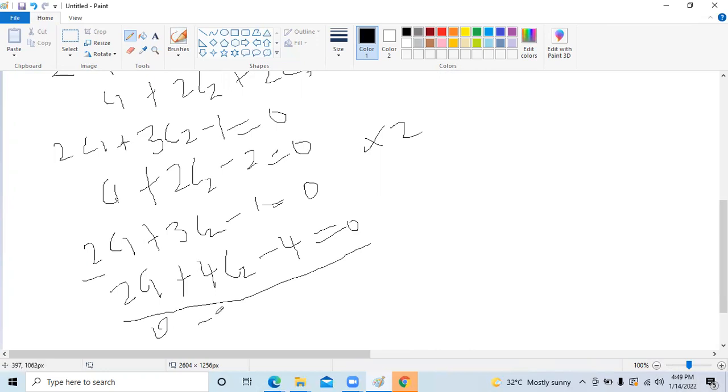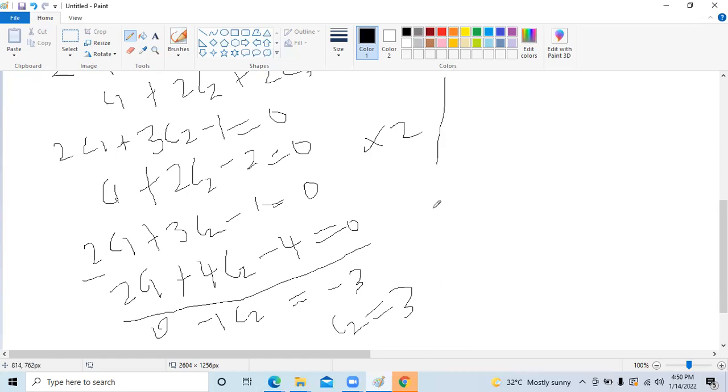Then we have minus 1C2 equals to, this is minus 3. Oh, sorry, this is 3. If you take it to the other side, it's going to be minus 3. So minus cancel minus, C2 equals to 3. So C2 is 3.